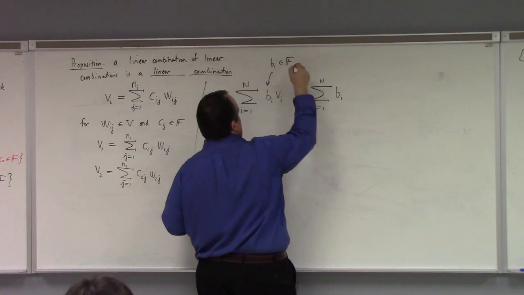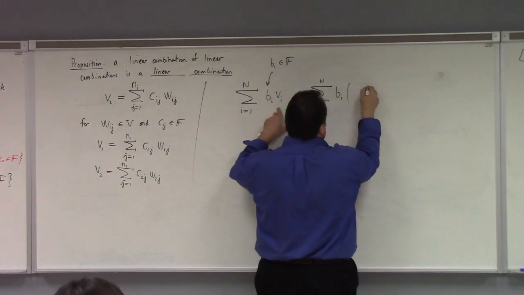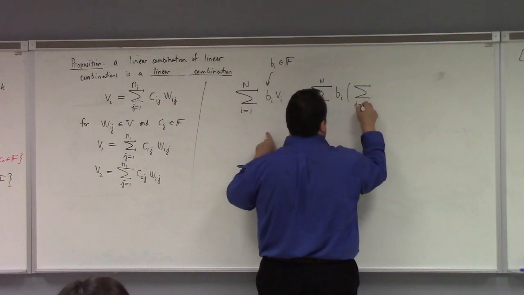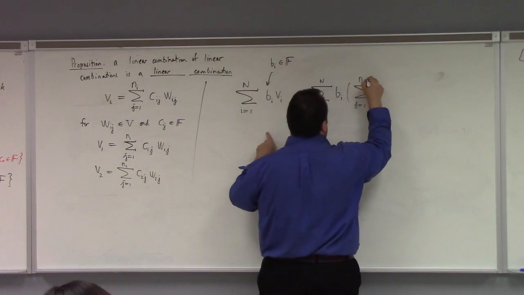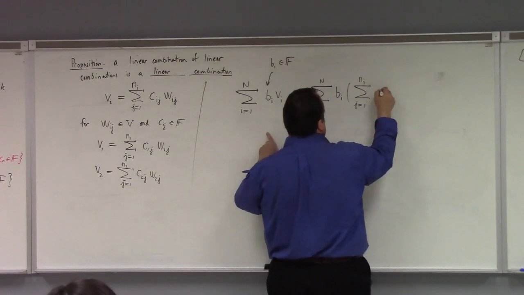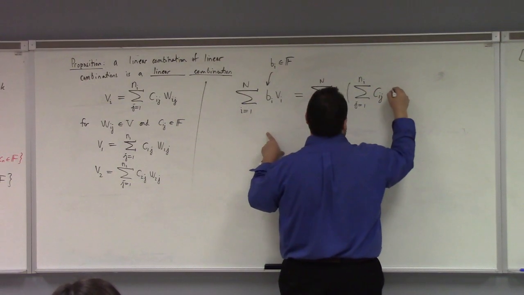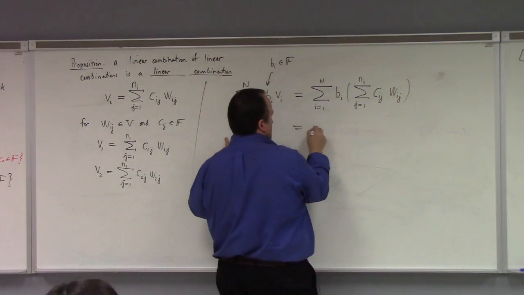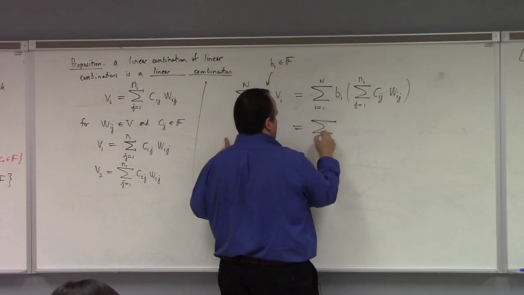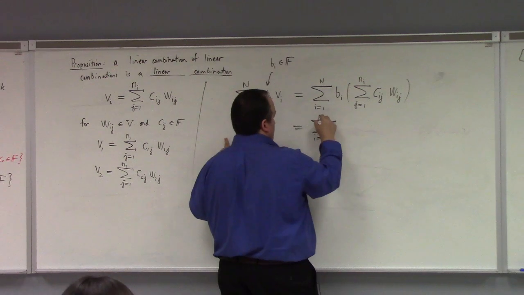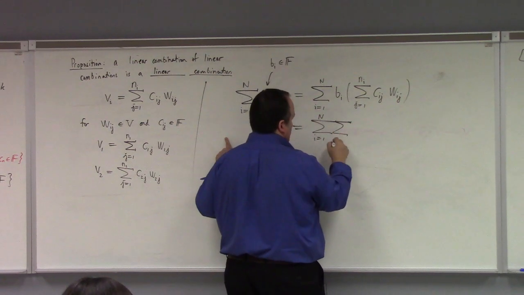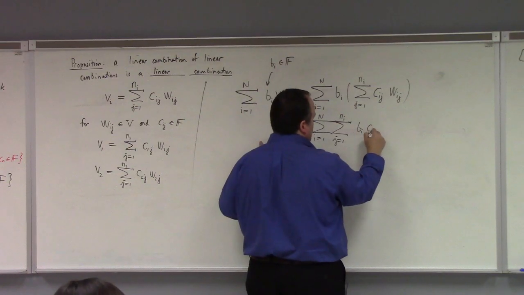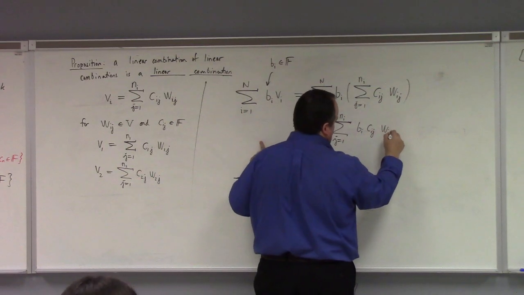But what is the V sub i? Well, you've got the sum j equals 1 to n sub i of c sub ij, W sub ij. But that, my friends, is the sum over i equals 1 to N, the sum over j equals 1 to n sub i of b sub i, c sub ij, W sub ij.